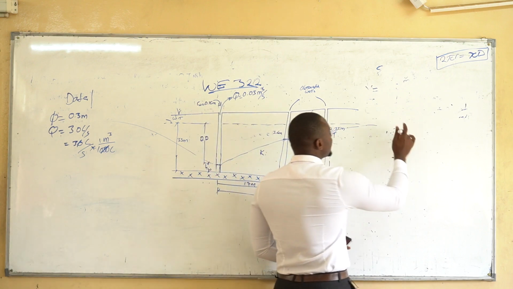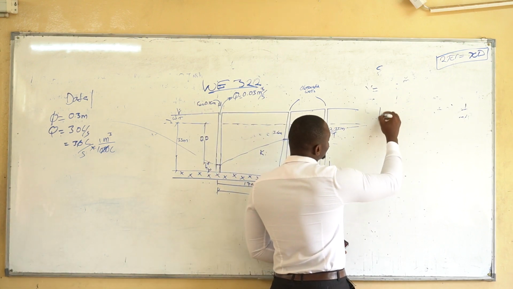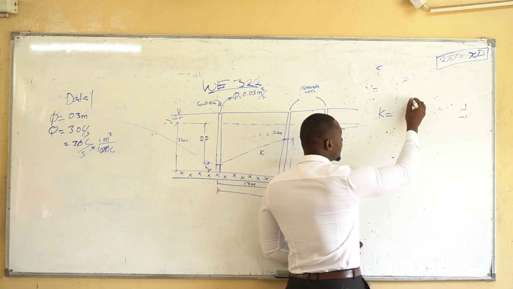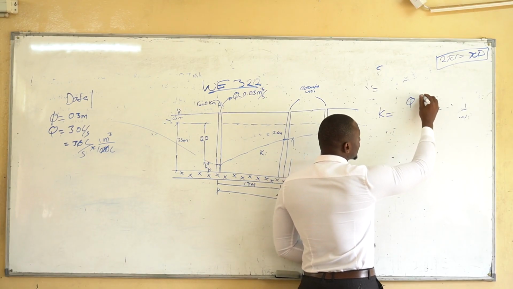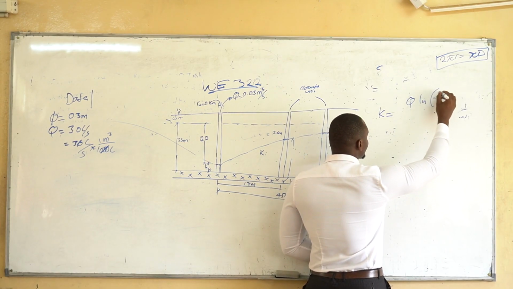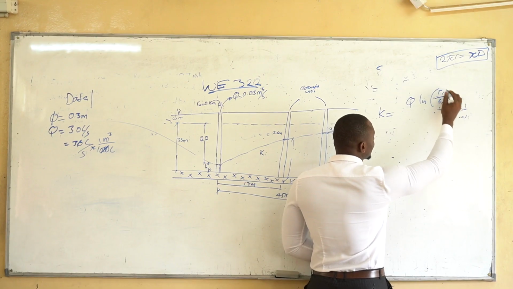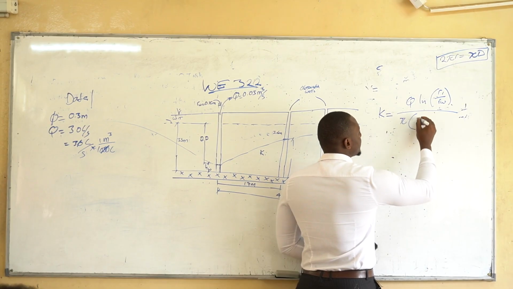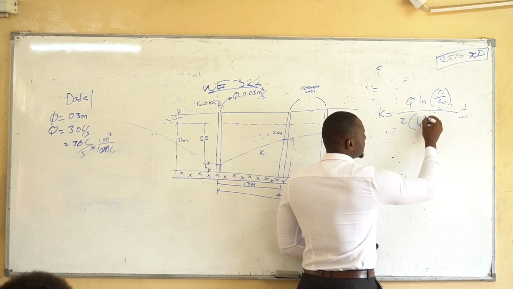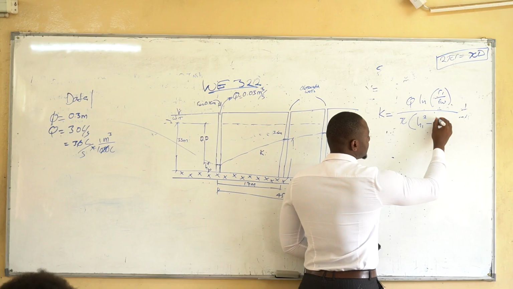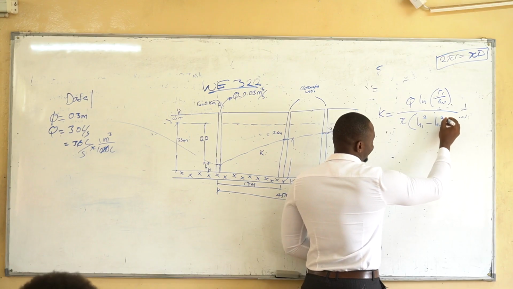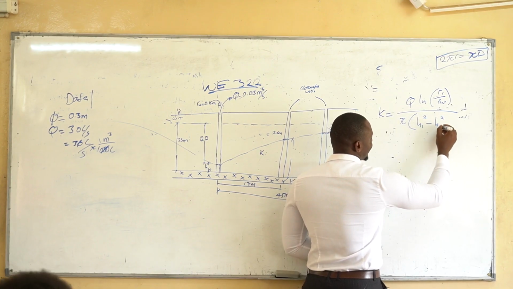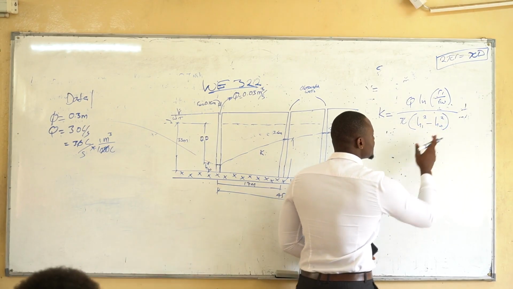Cool. What's the formula for finding the value of K? K is equal to what? We said R1, R over H. Is this formula okay?